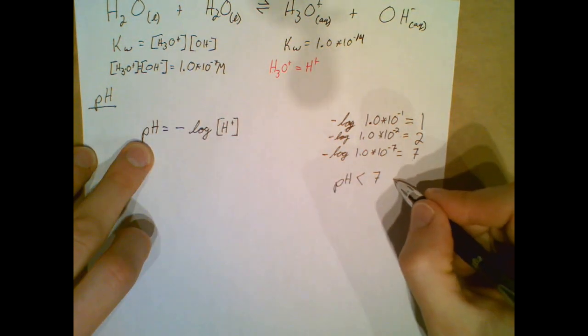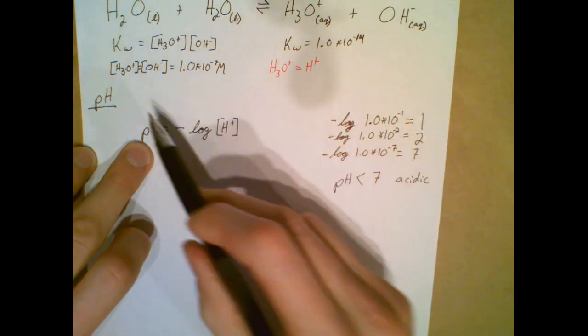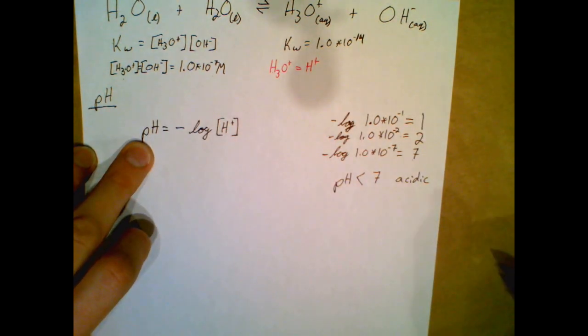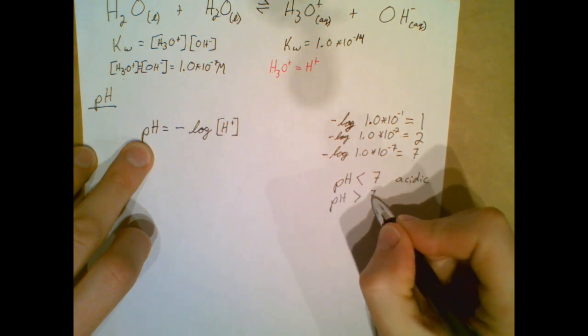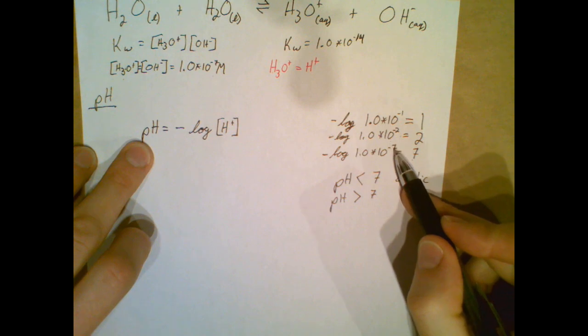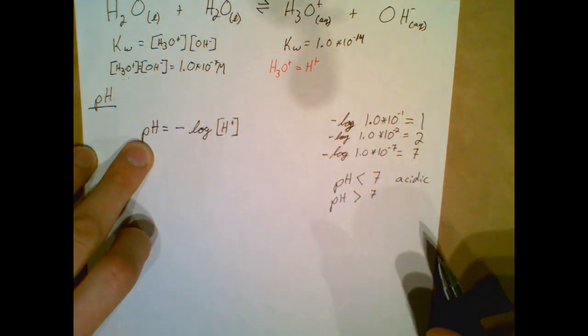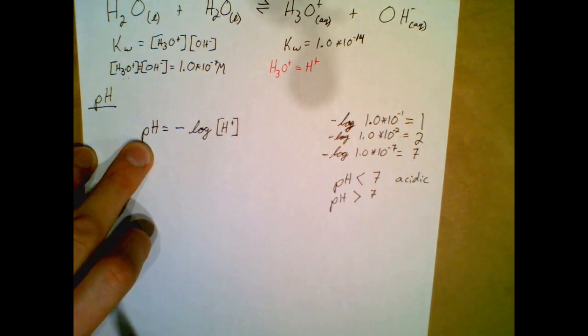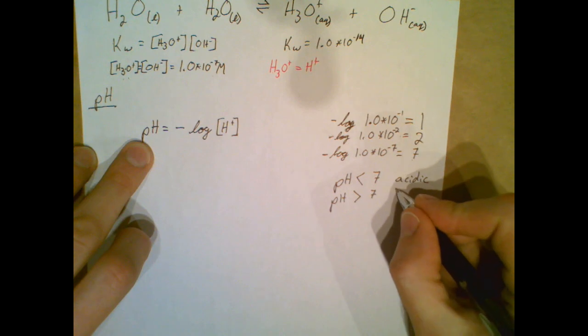So that tells us that you have an acidic solution, more H3O+ than OH-. Let's say you had a pH that was greater than 7. Well, what that meant is you had a really small exponent, a low amount of H3O+, less H3O+ than OH-, because remember, those two are working in tandem. That's basic.